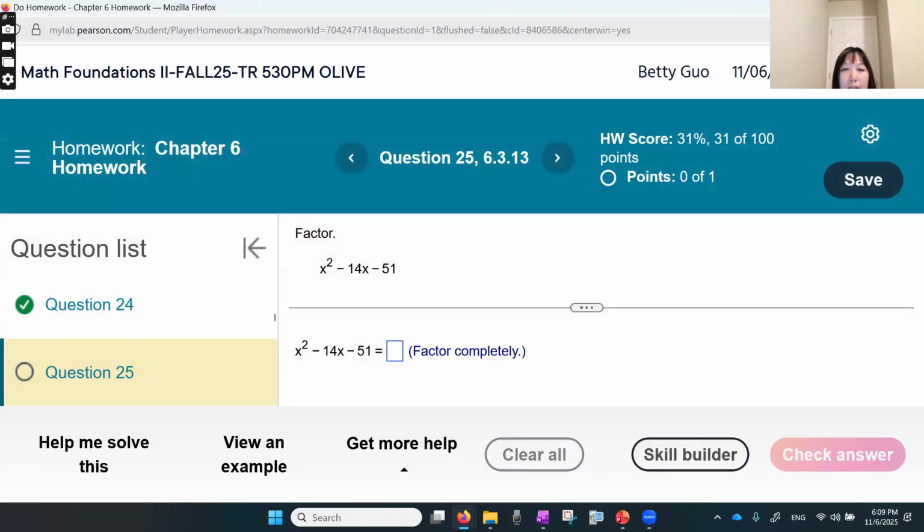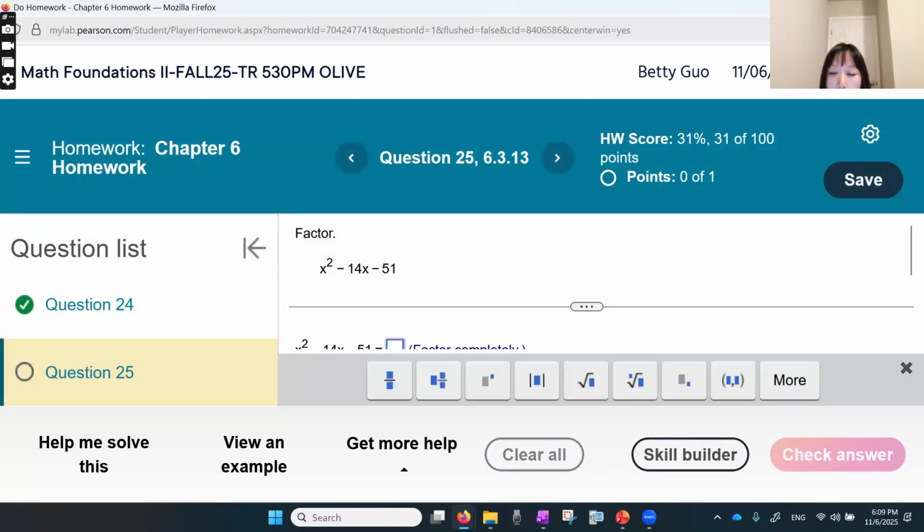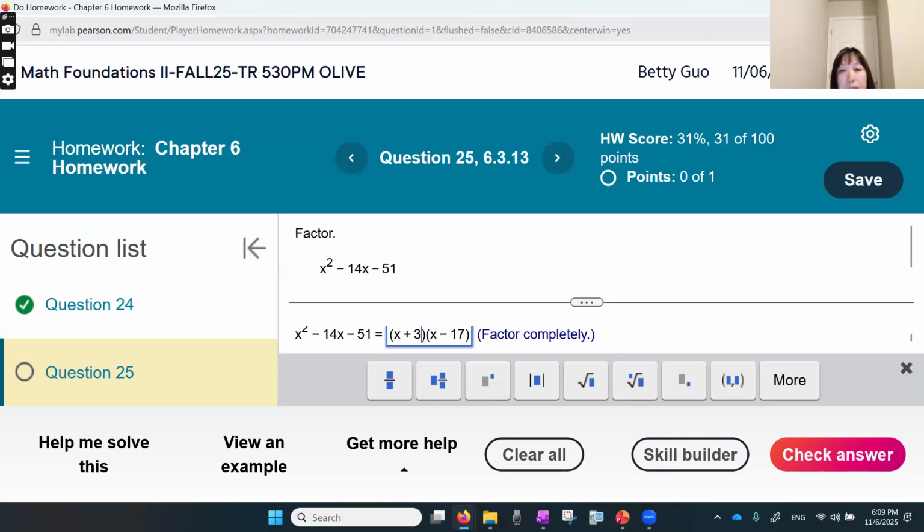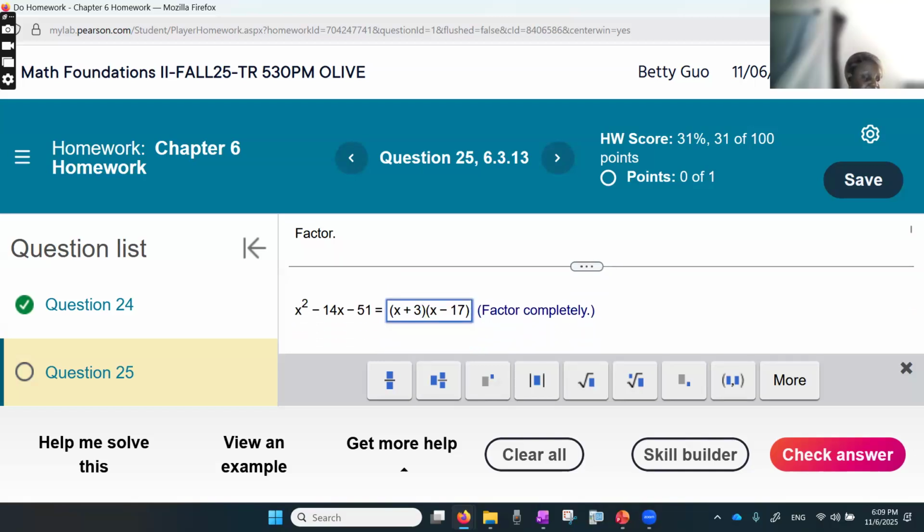Question number 25. Okay, this time, 1 positive, 1 negative. And the negative number has a bigger absolute value, right? I got it. 17 and 3. Do you agree? Yes. You can do the process.